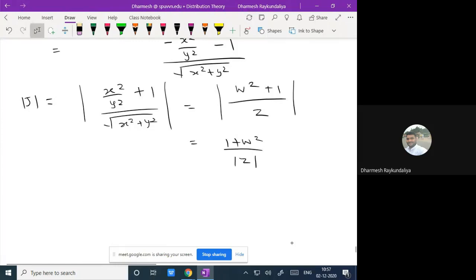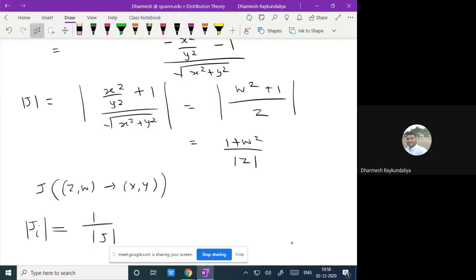So this is nothing but the Jacobian of z, w to x, y. But I am interested in the inverse Jacobian. If we say it is J inverse, it is nothing but 1 upon J. So this is nothing but the Jacobian from x, y to z, w.